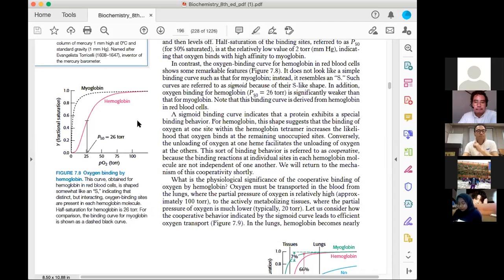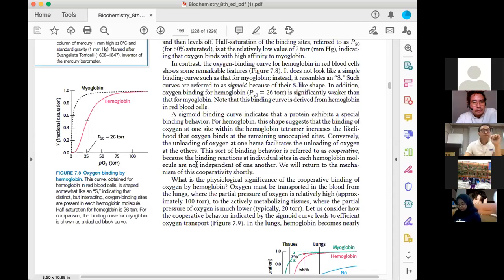But you must pay good attention to the curve, because the curve is not linear, right? The curve is not linear. And what is the advantage of this non-linearity? Let me explain this.